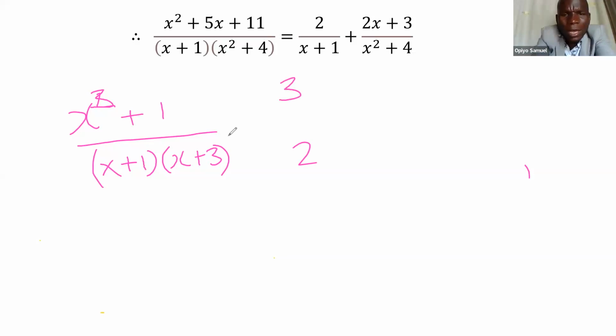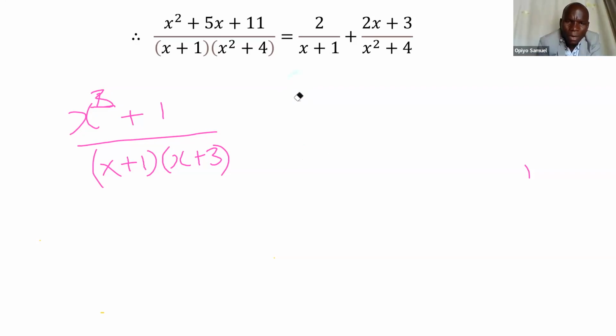Since the degree of the numerator is higher than that of the denominator, this fraction is improper. So in this case, you again have to express it. You can do long division, or if you are not comfortable with long division, then this is what we do.